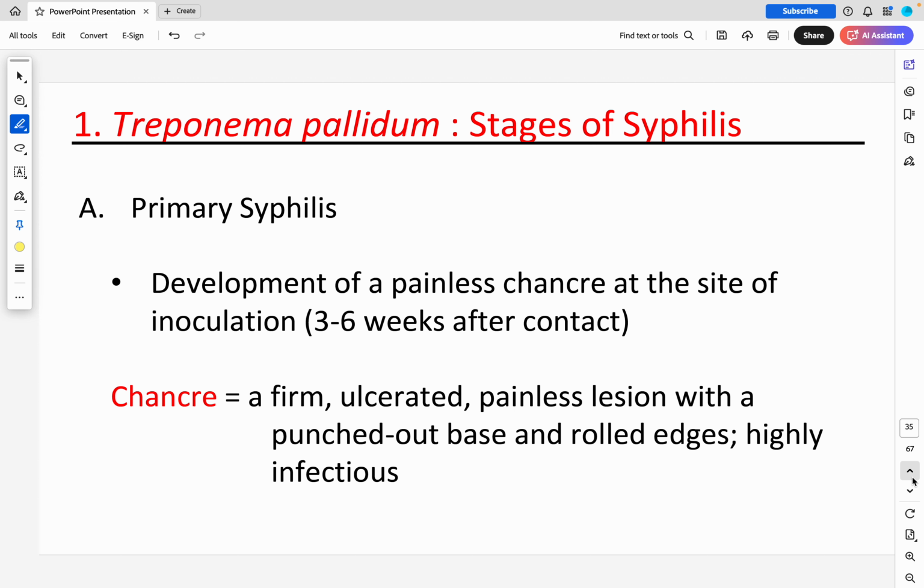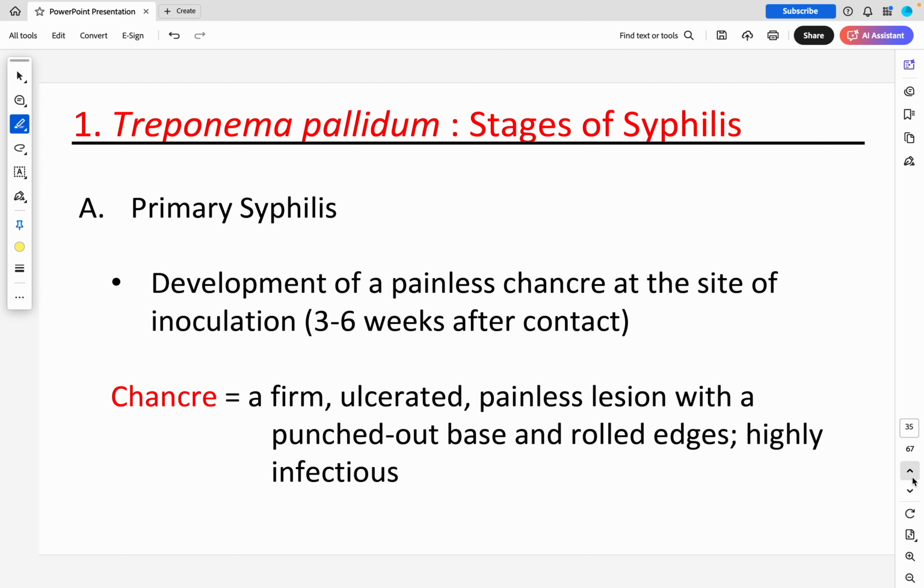So this species can cause syphilis, and syphilis has different stages. Okay, so first is primary syphilis, which is characterized by the development of a painless canker at the site of infection, the site of inoculation, usually 3 to 6 weeks after initial contact.